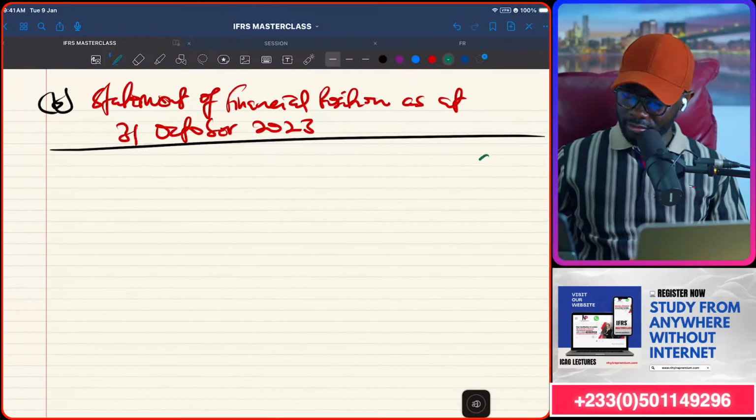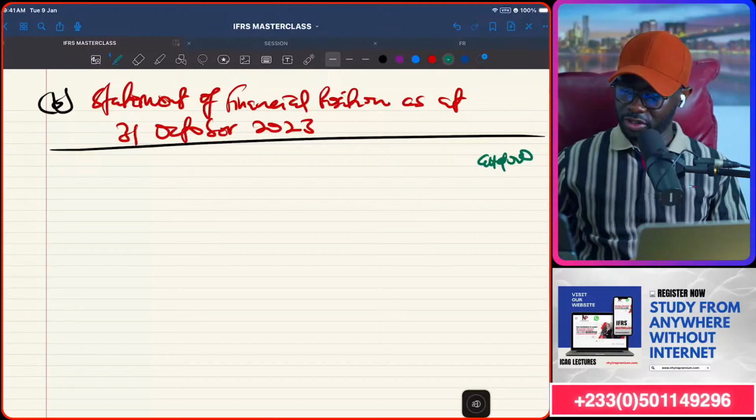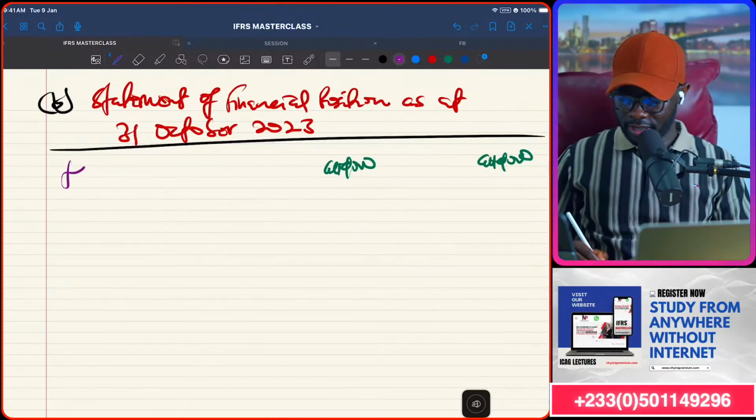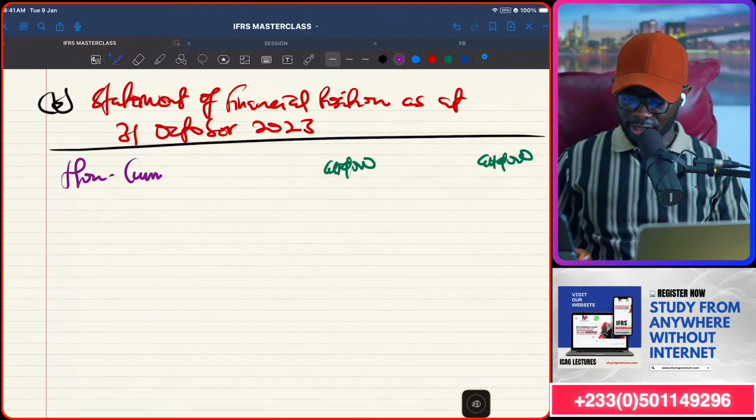We tell the examiner for the statement of financial position, we like to work into cash column. All right. Then we start with non-current assets.